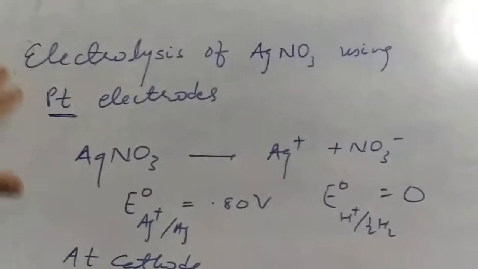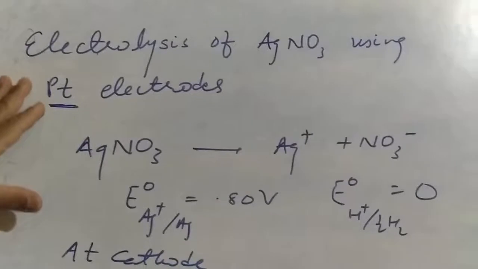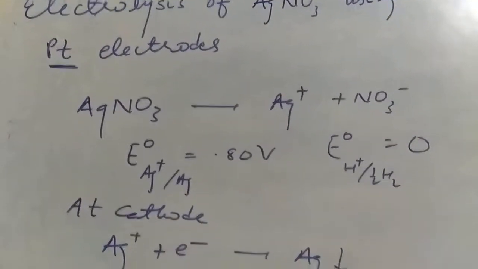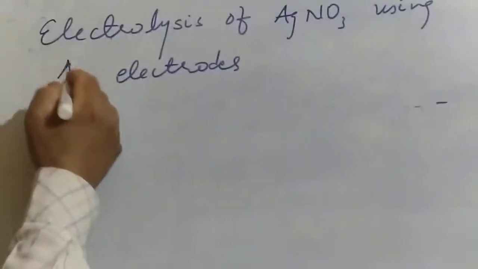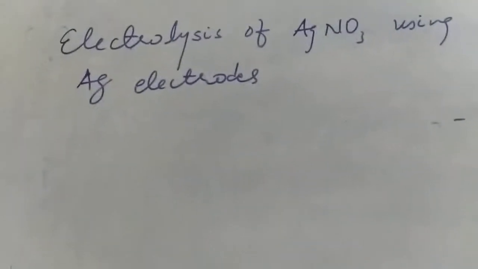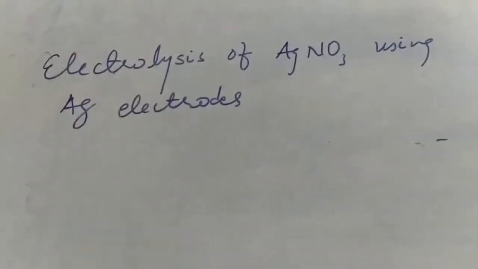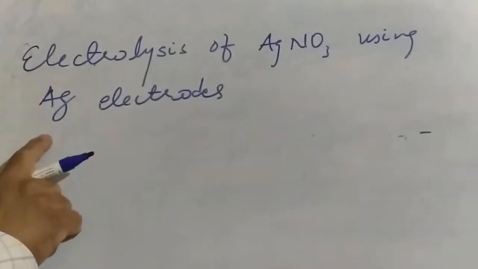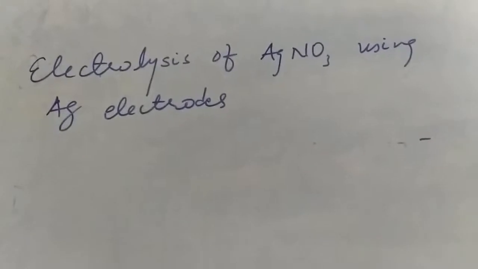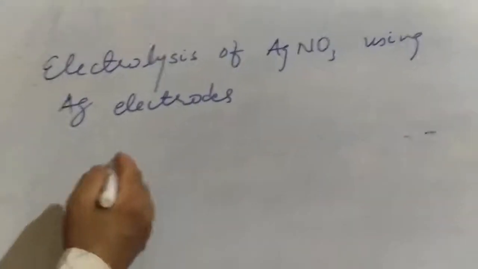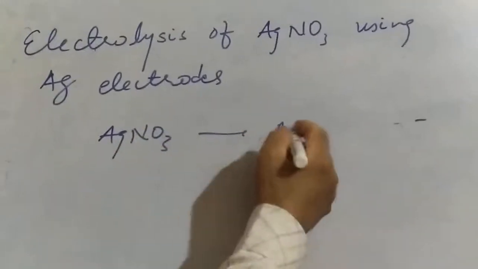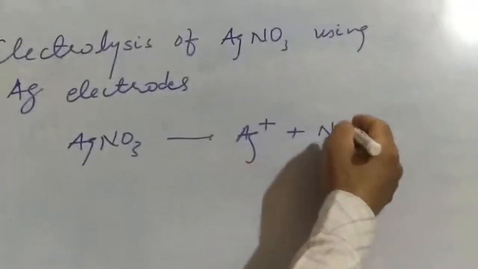But suppose we are electrolyzing aqueous solution of silver nitrate, and this time we are using silver electrodes. Let's see what happens. Now the AgNO3 is again going to dissociate as usual, Ag plus and NO3 minus.